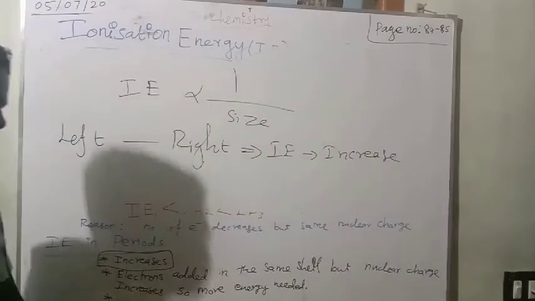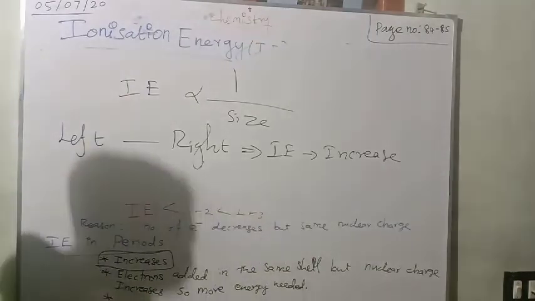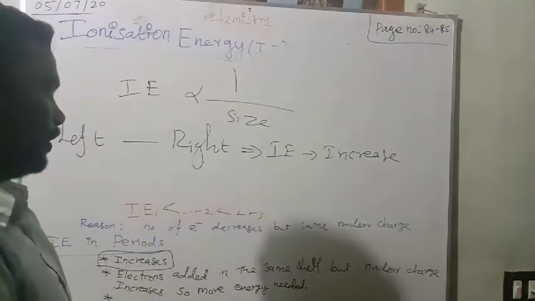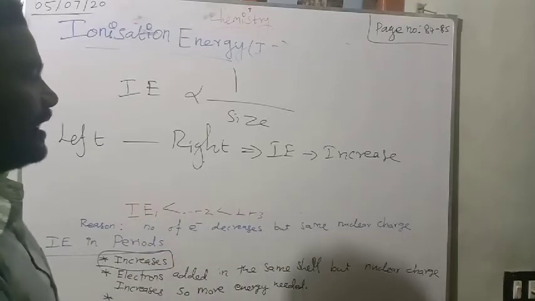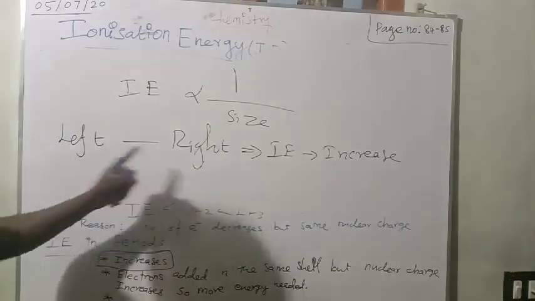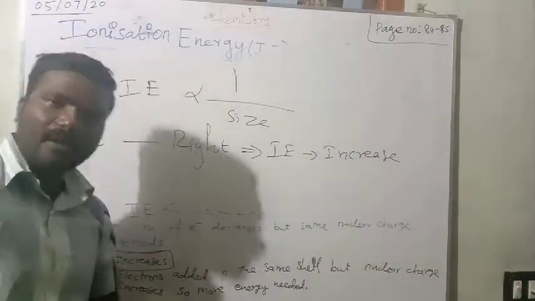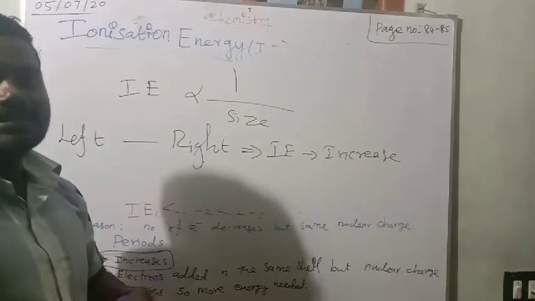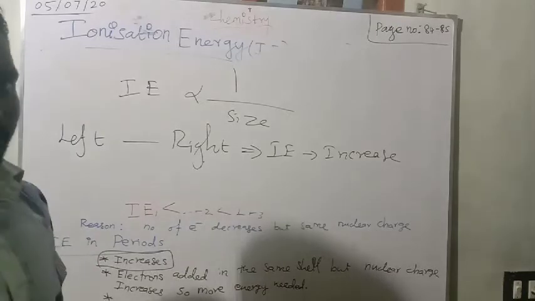Why does it increase? Electrons are added in the same cell, but nuclear charge increases because of the addition of a proton. So more energy is required to remove an electron because of more force of attraction between nucleus and electron. So left to right, what will happen? Ionization energy increases. What is the reason? Nuclear charge increases, but electrons are added in the same cell, right?